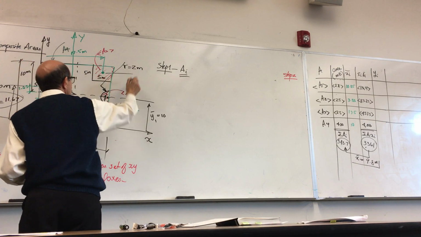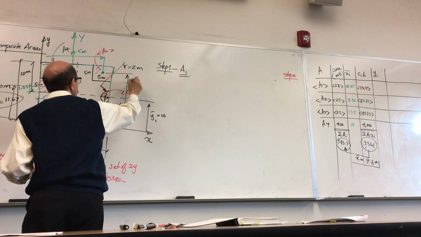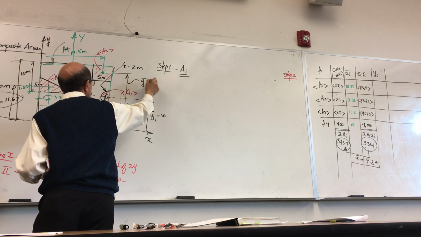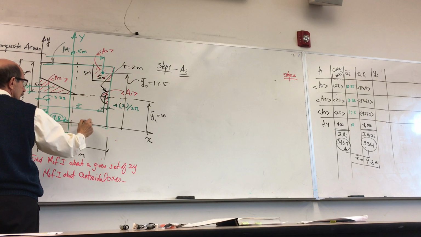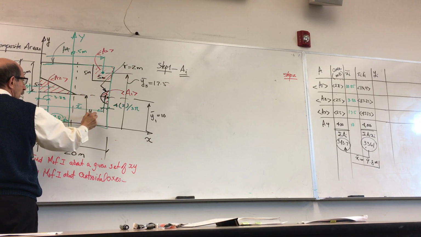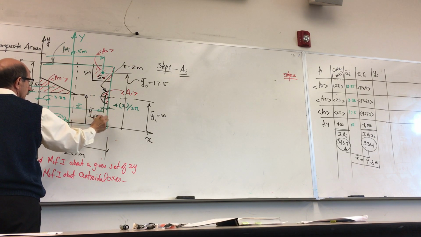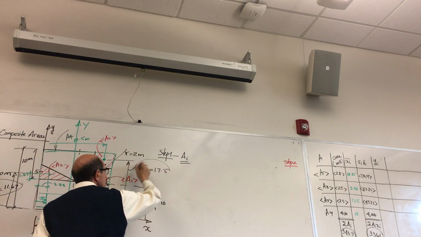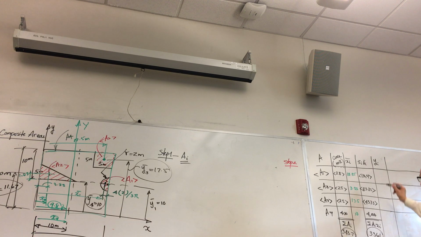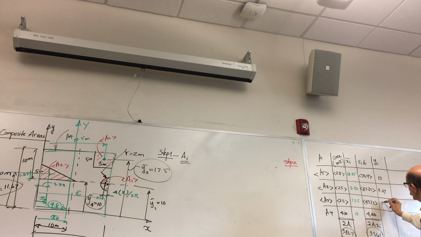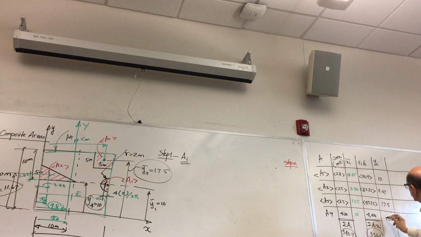For this guy it is y3, which is 17.5, and for this guy it is y4, which is 10, right? So again, just tabulate them. You have 10, 11.67, 17.5, and 10.